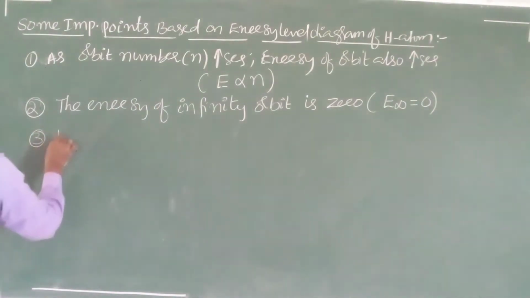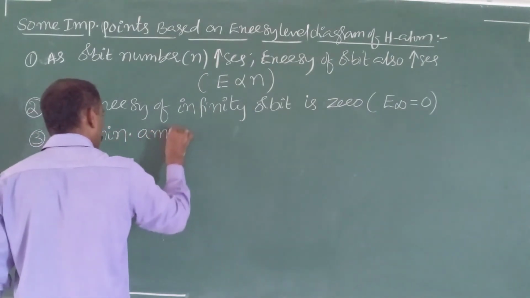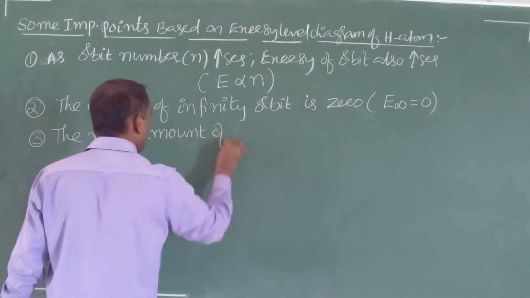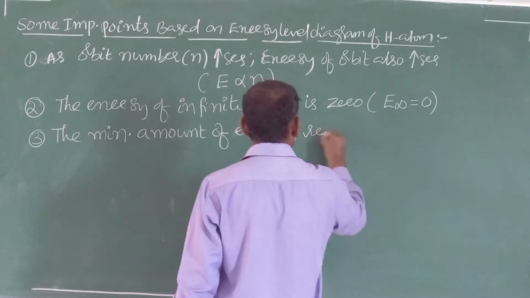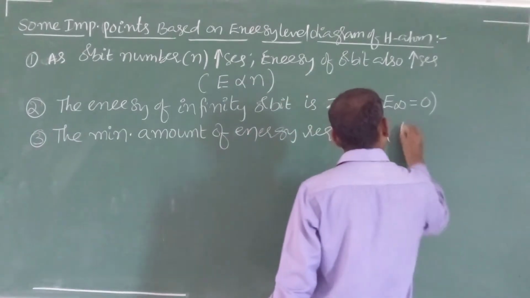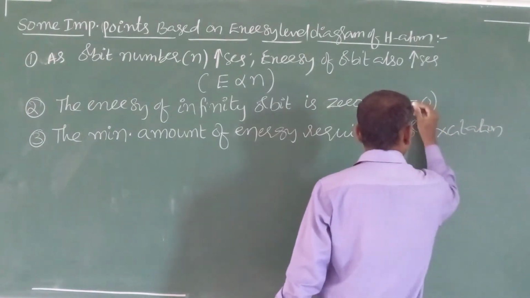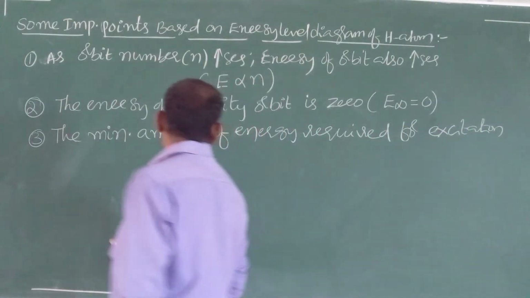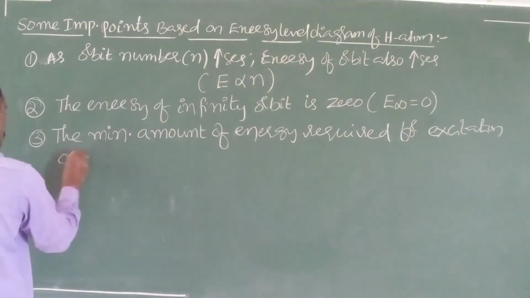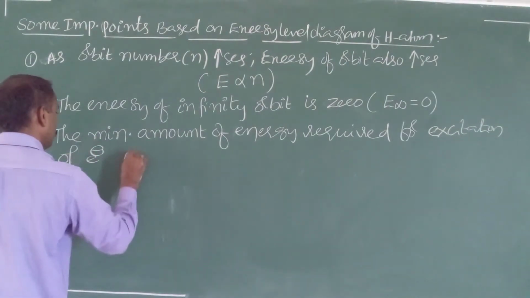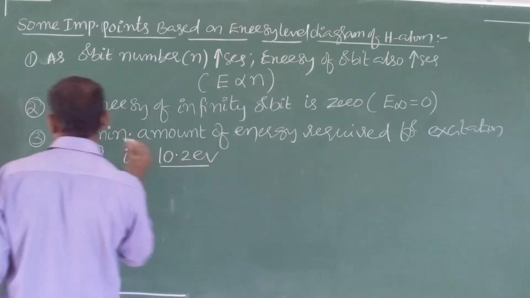Next, third, the minimum amount of energy required for excitation of an electron is 10.2 electron volts. This value you should remember.